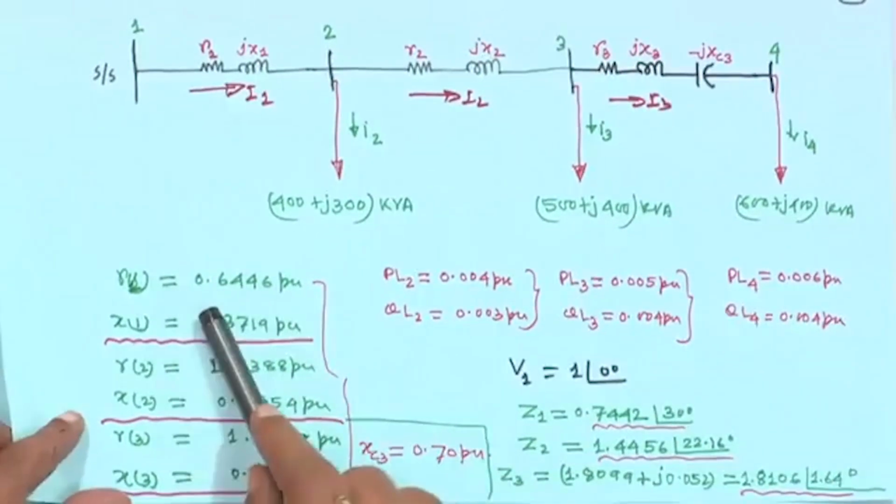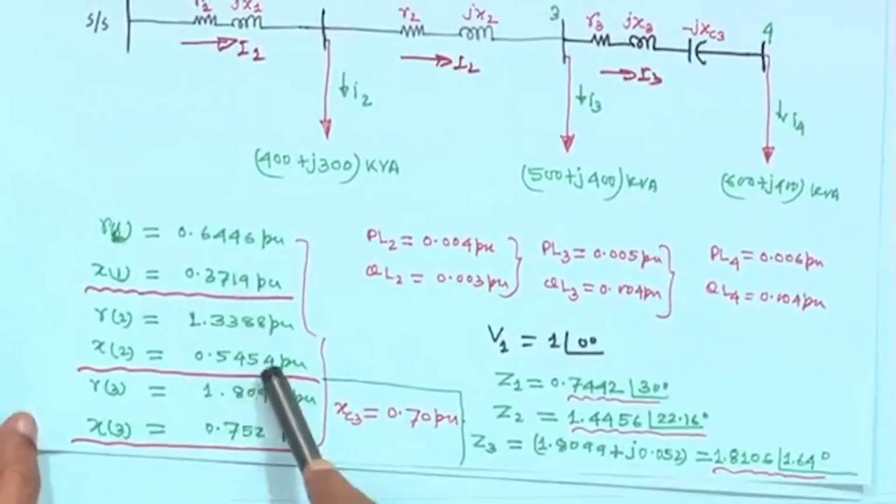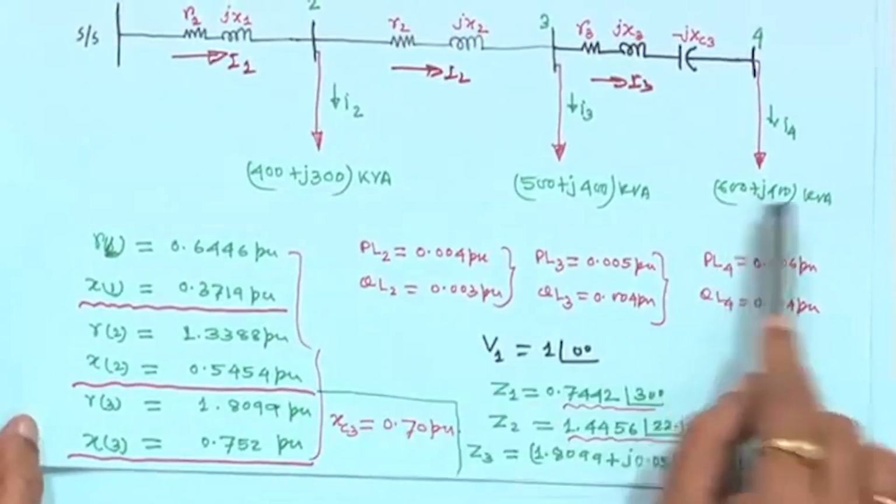So, these parameters R1 X1, R2 X2 and R3 X3 are all in per unit, and the same parameters and same loads are taken for your understanding.